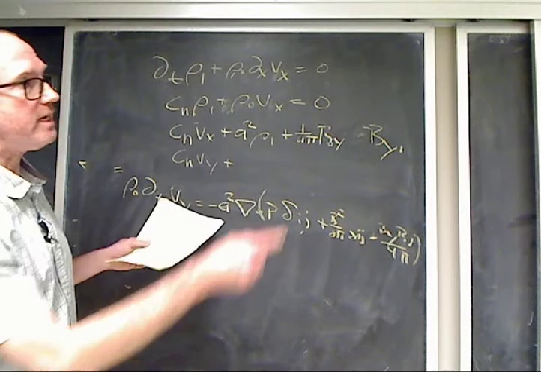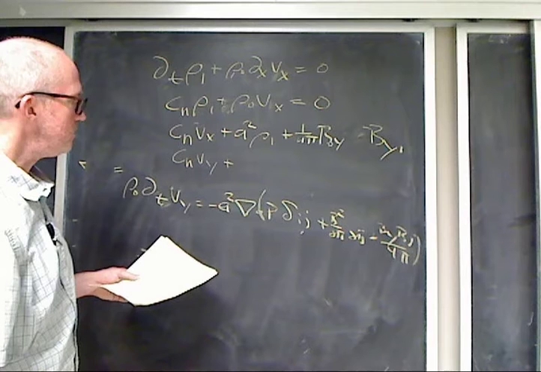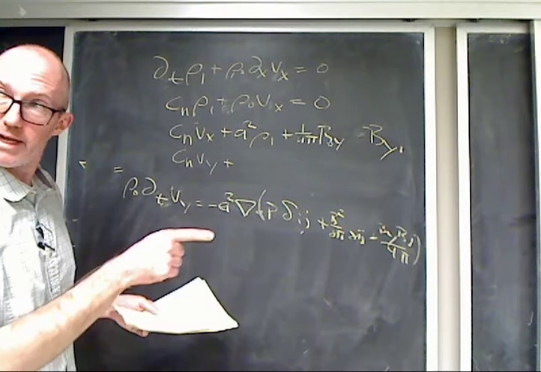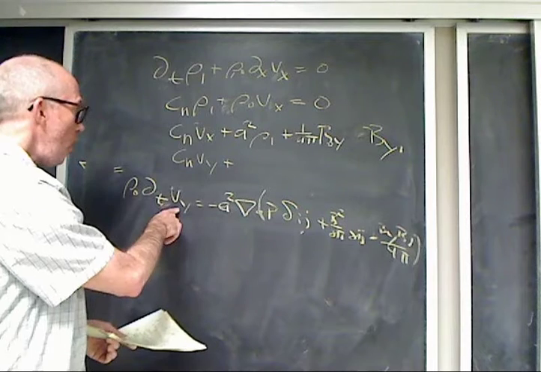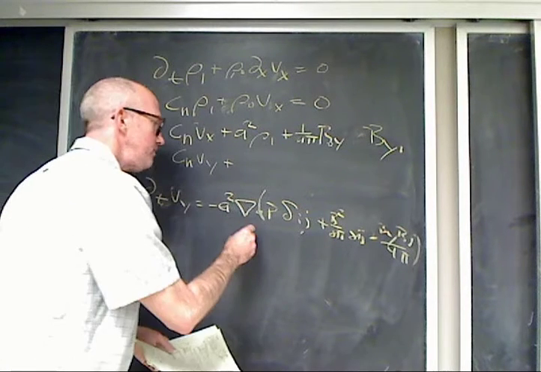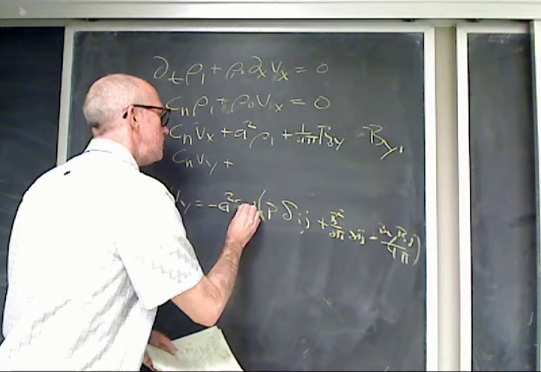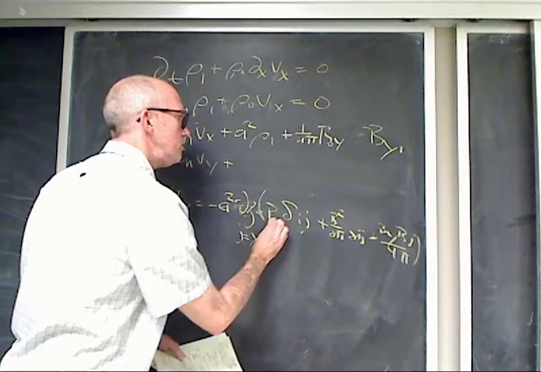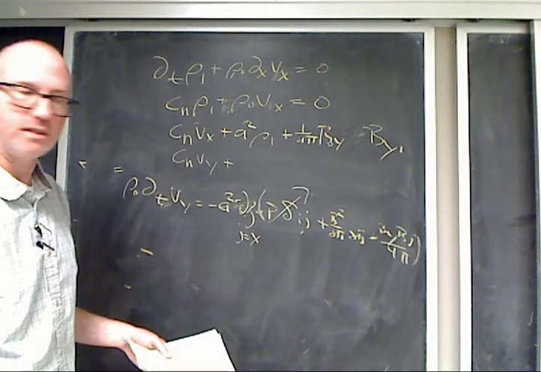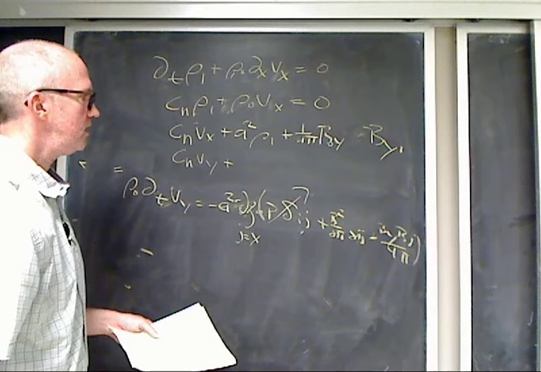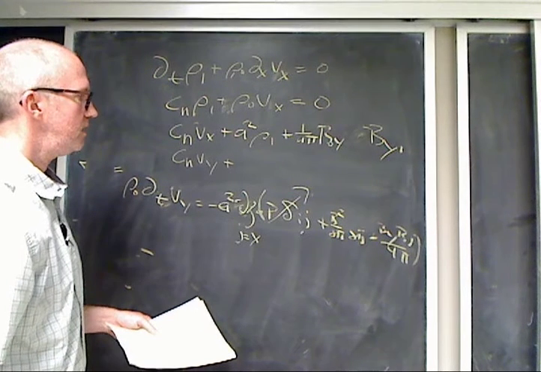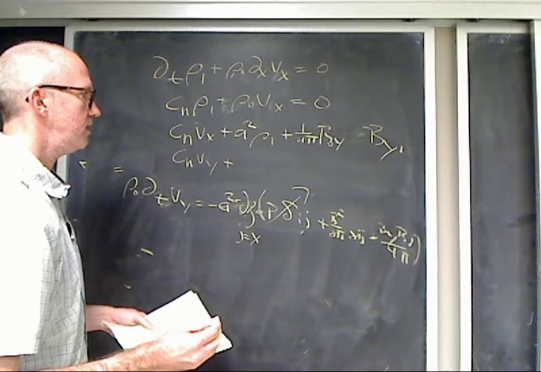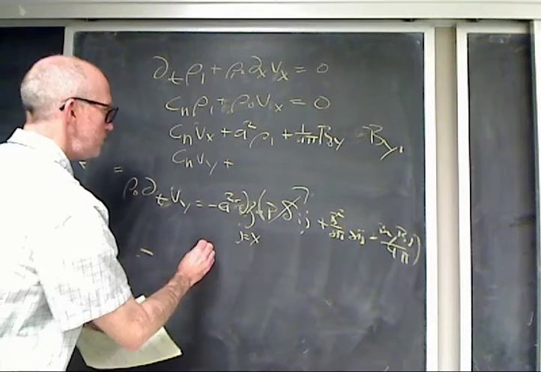So now I've just written out what the y component is, but since I oriented x along x, I'm looking at just the y component of this. My derivative is along x, so j equals x. This term goes away because of the delta function.